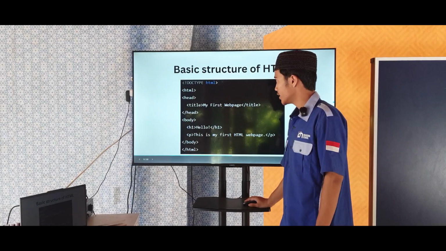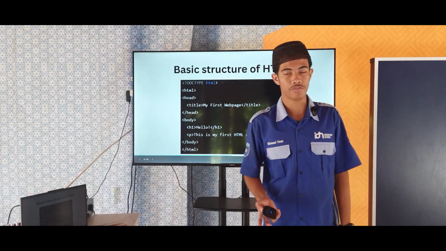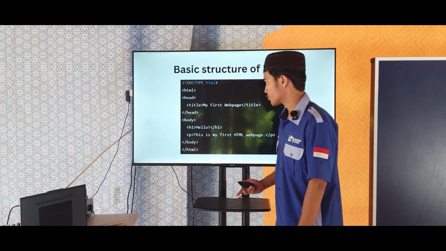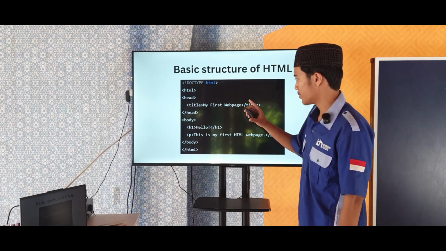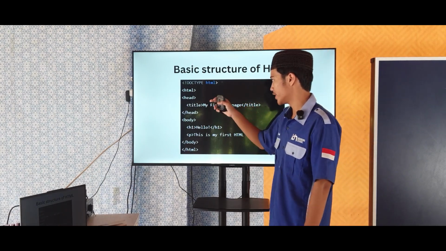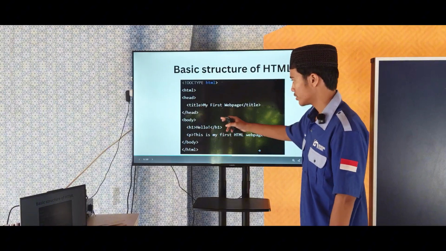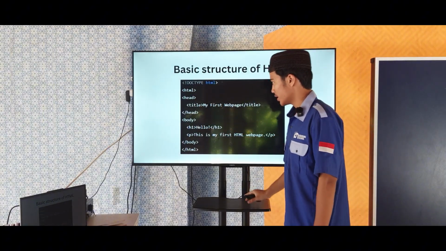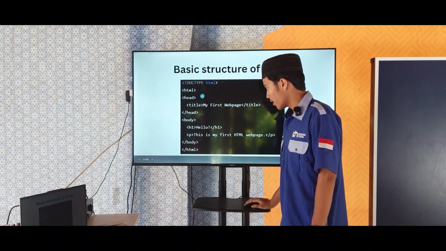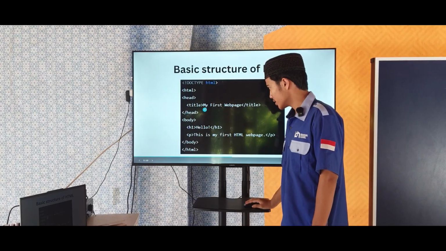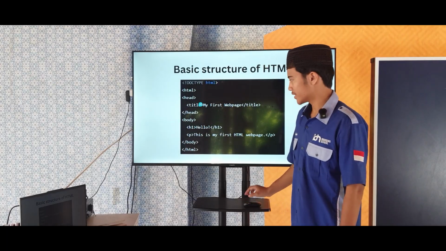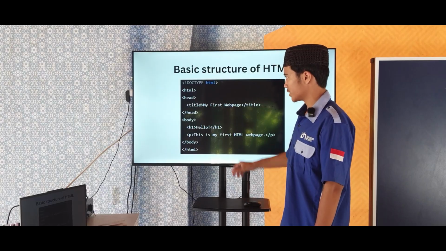For the next page is the basic structure of HTML. First, there's doctype HTML. That's for activating the code, to show you what type it is. And then there's the head. And then this is the title. The title usually comes at the top of the website.